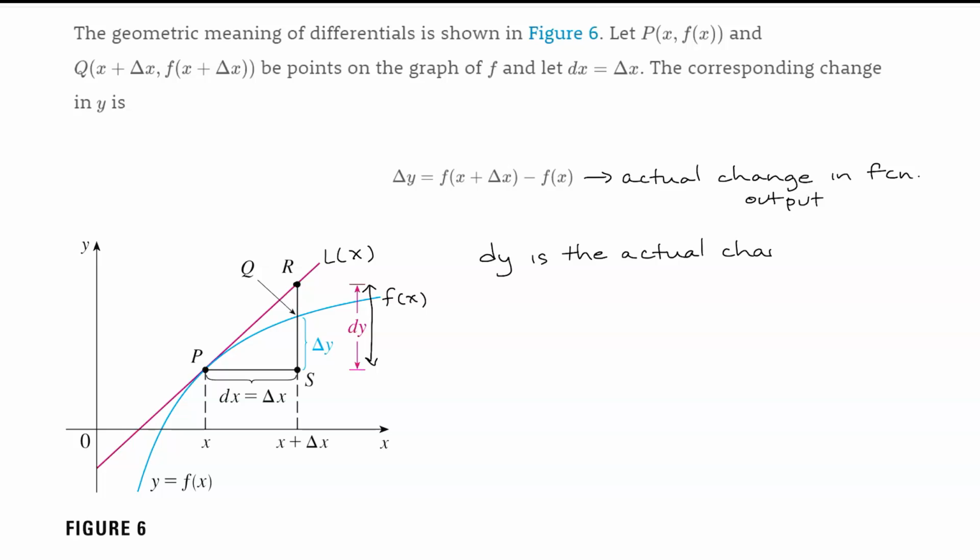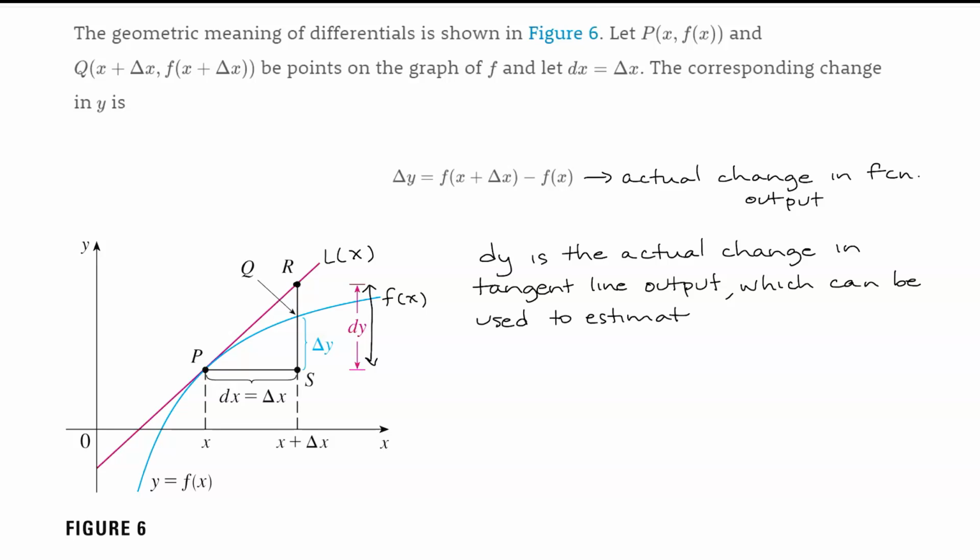So dy is the actual change in the tangent line output, again when the x changes by delta x or dx. And what we're saying is we can use this to estimate the actual change in the function, delta y.